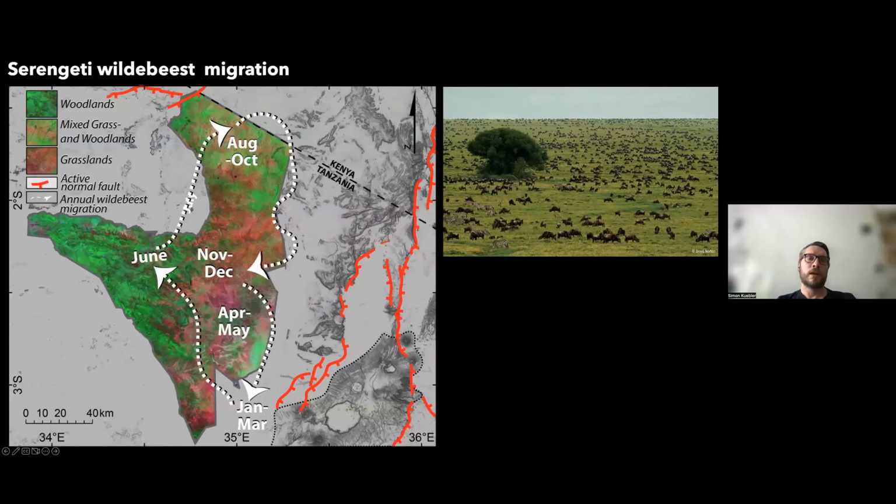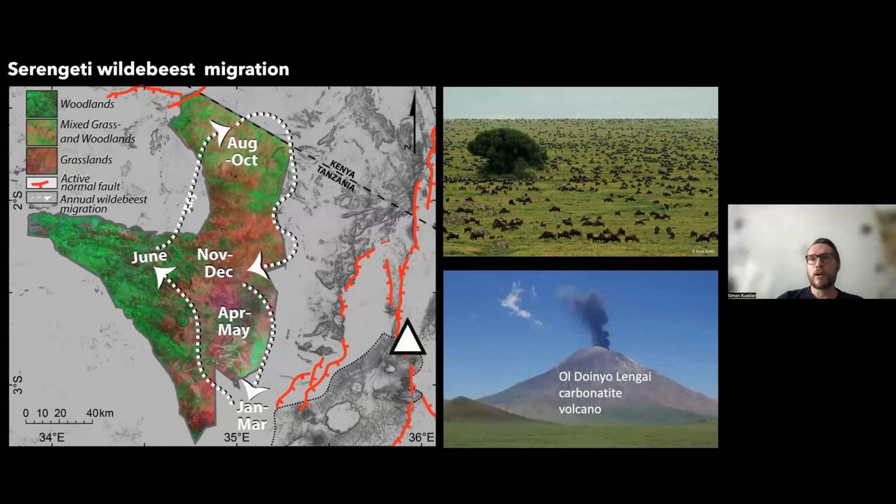If you look at the Serengeti-Mara region in detail, this is a combined map of the topography and the land use patterns in that region. One potential geological source that feeds the nutrient input of the Serengeti-Mara region is already known, and that is the Oldonyo Lengai carbonatite volcano.